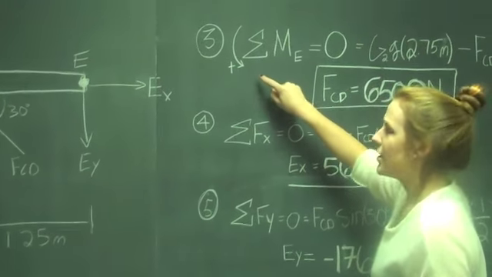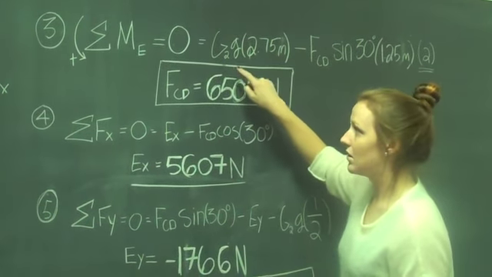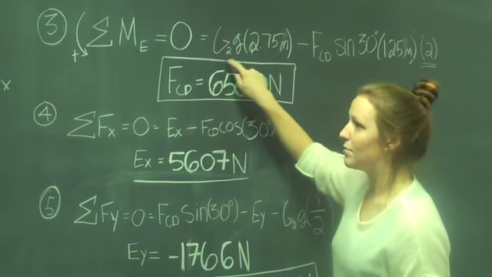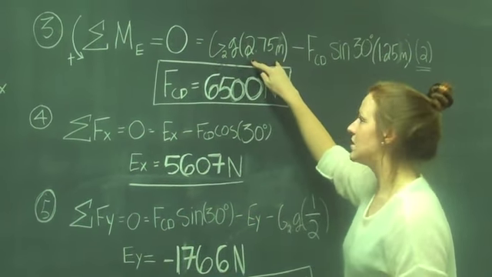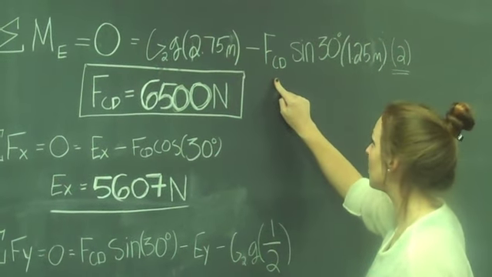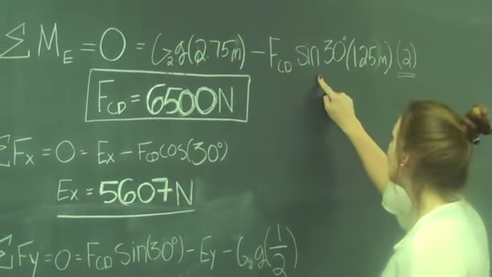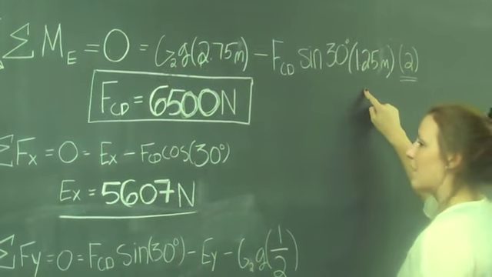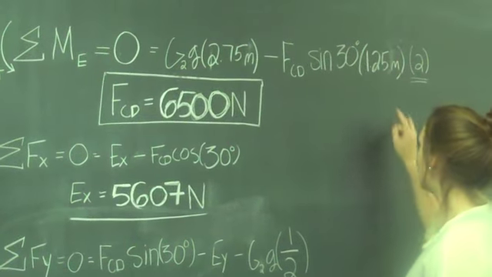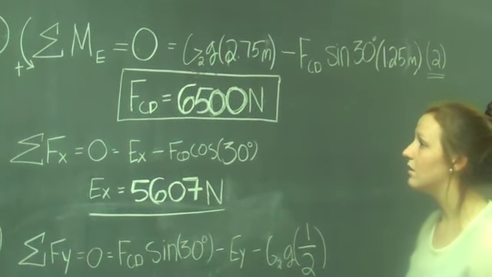So our third step is to sum the moments around point E, which will give us, so we'll multiply gravity by the mass of the load times the distance to point E, and then we'll subtract the force of the two-force member, multiplied by sine of 30 to get the y component, and multiplied by the distance, and then we're also going to multiply it by 2 because we're only examining half of the system since it's a vehicle.